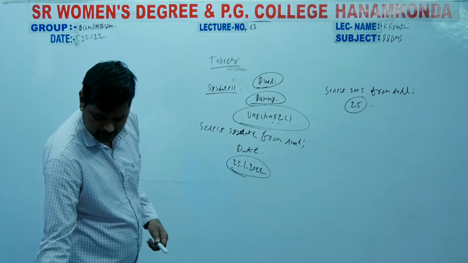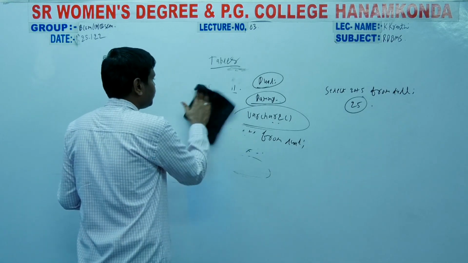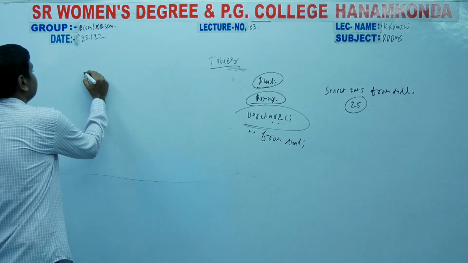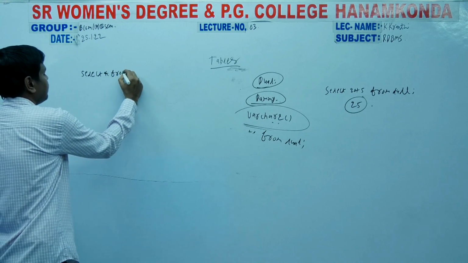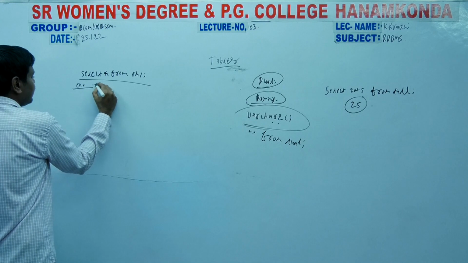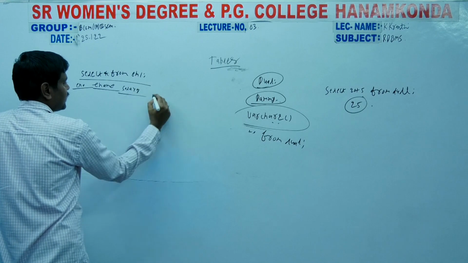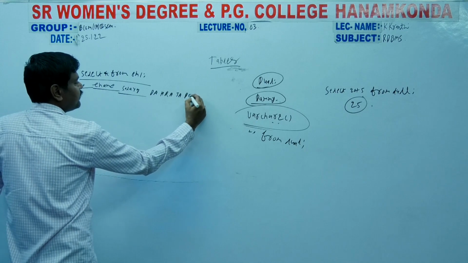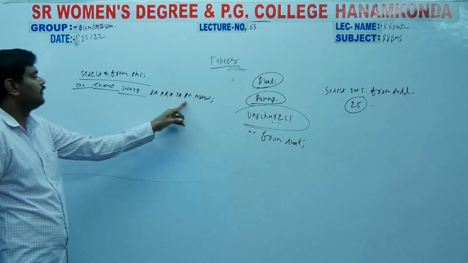For example, in our employee table, when you run select star from the employee table, ENO and ENAME values are given, and the salary value is given. But for the allowances DA, HRA, TA and PF, and the net salary, we have not given any values. So these fields are left blank.